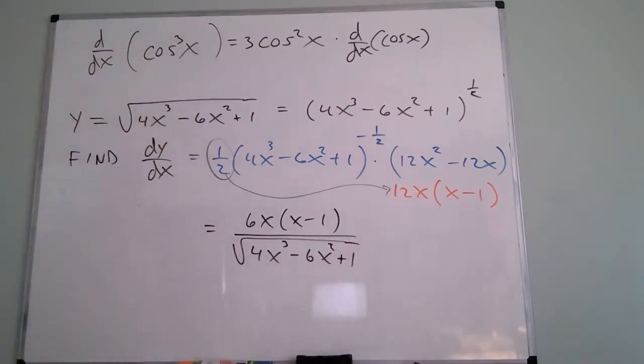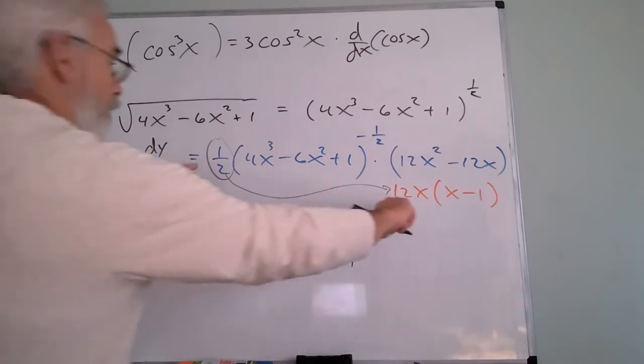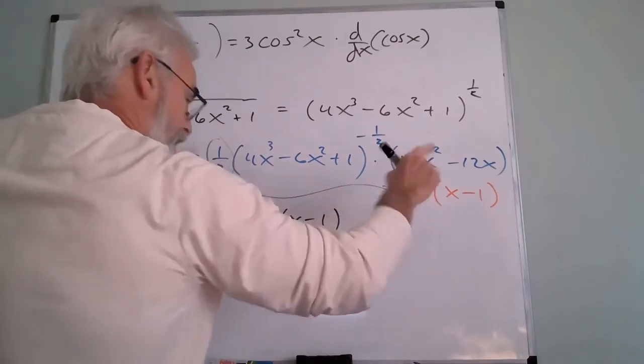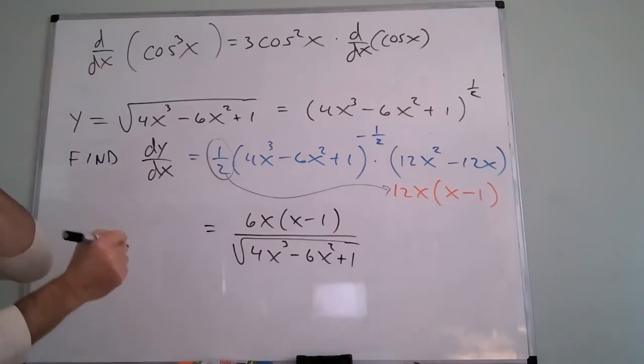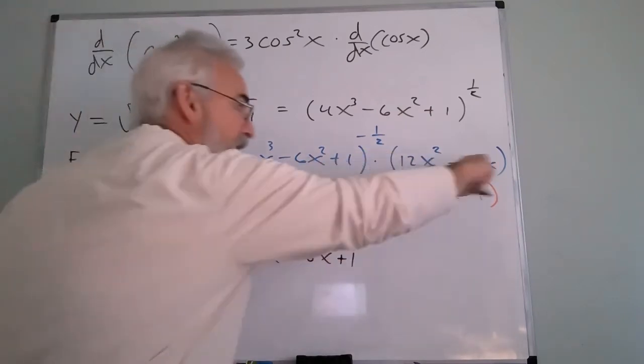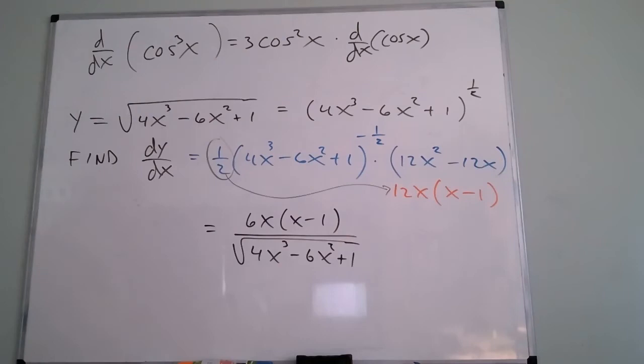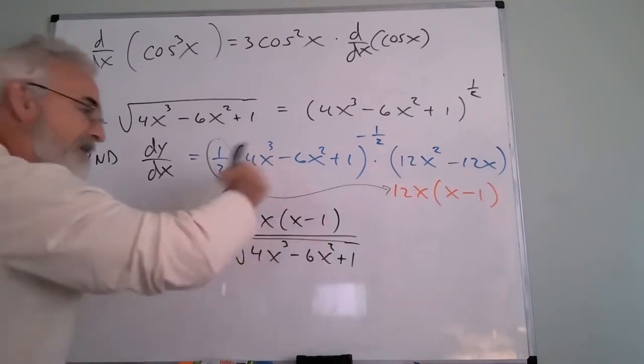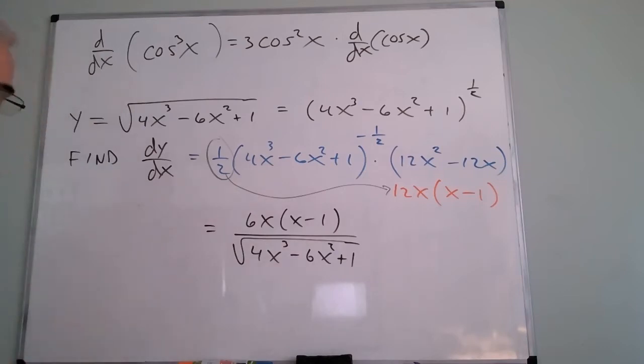So there's a couple of things I want you to notice. We could cancel the 1/2 and the 12. We could, and therefore we should. Also, we factored the chain rule factor. If you can factor it, you factor it, because now I can tell you where this equals 0 rather simply. This is probably the best version of the answer we could give.